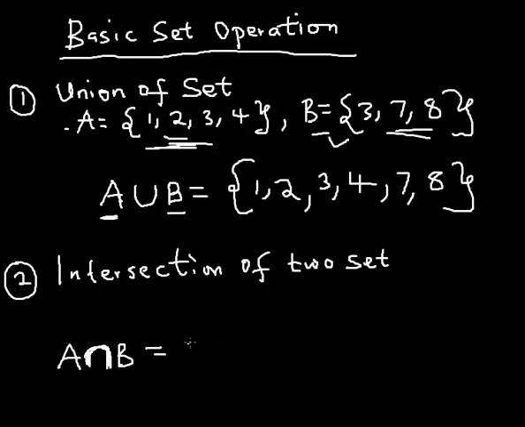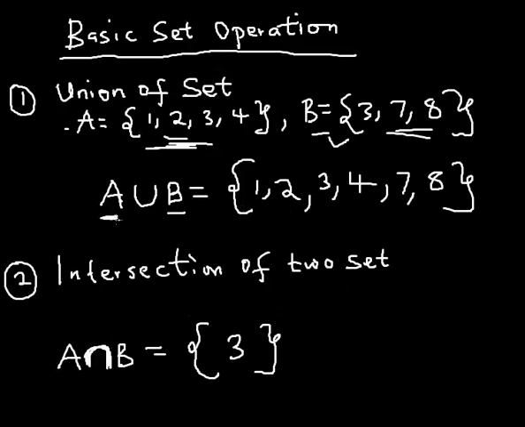So now let's look at the intersection of these two. What is the element common to A and B? That's just 3. So it's a singleton set, just a single element. So that is intersection. Please take note of that.